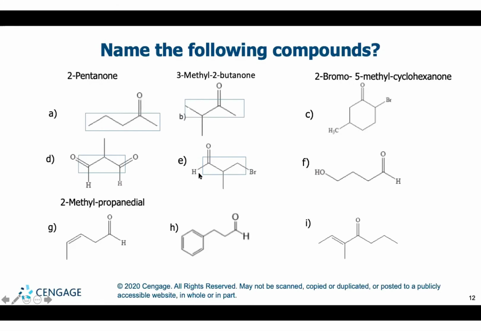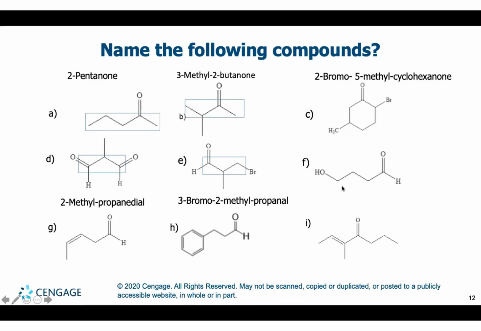If you remember, we said that we start numbering from the carbonyl of the aldehyde when we have an aldehyde. So the branches are written based on alphabetical order. 1, 2, 3. 3-bromo, 2-methyl propanal, because it's an aldehyde.